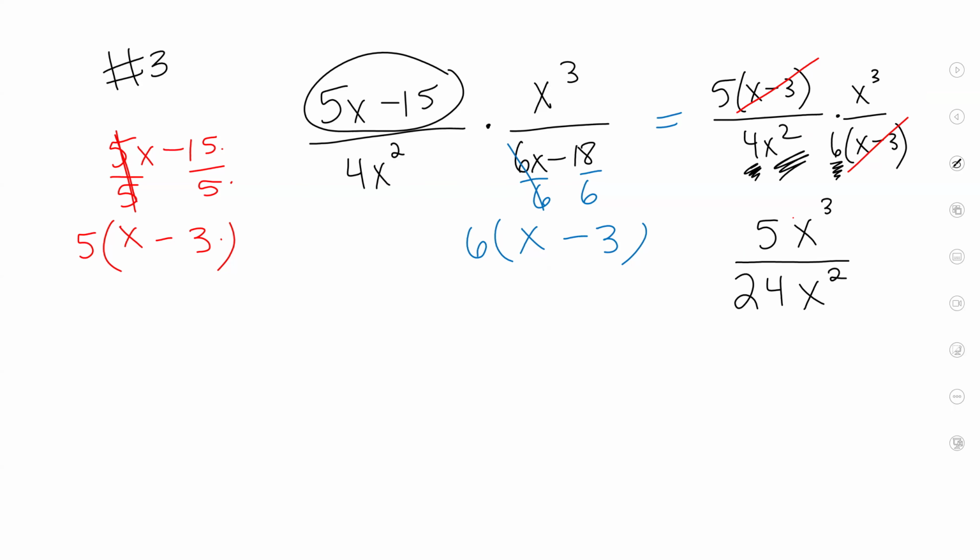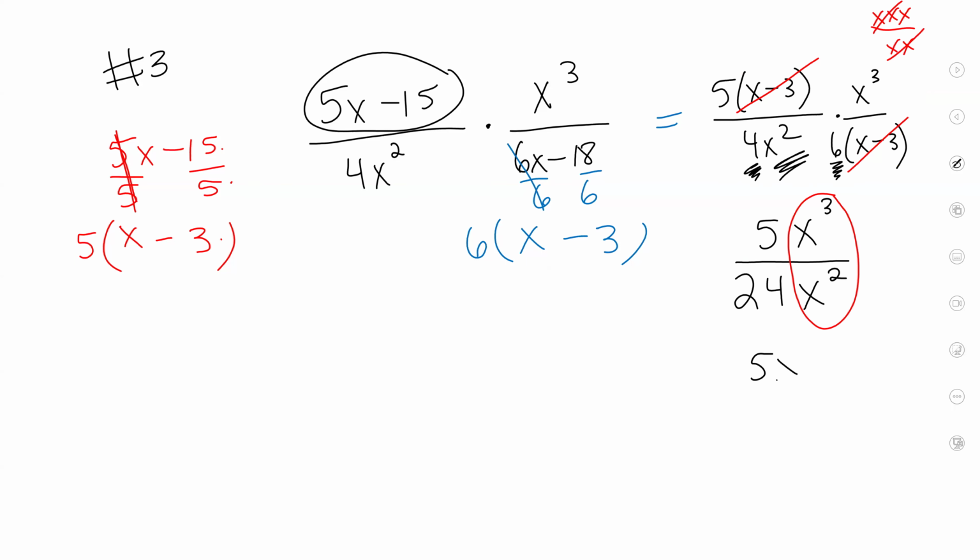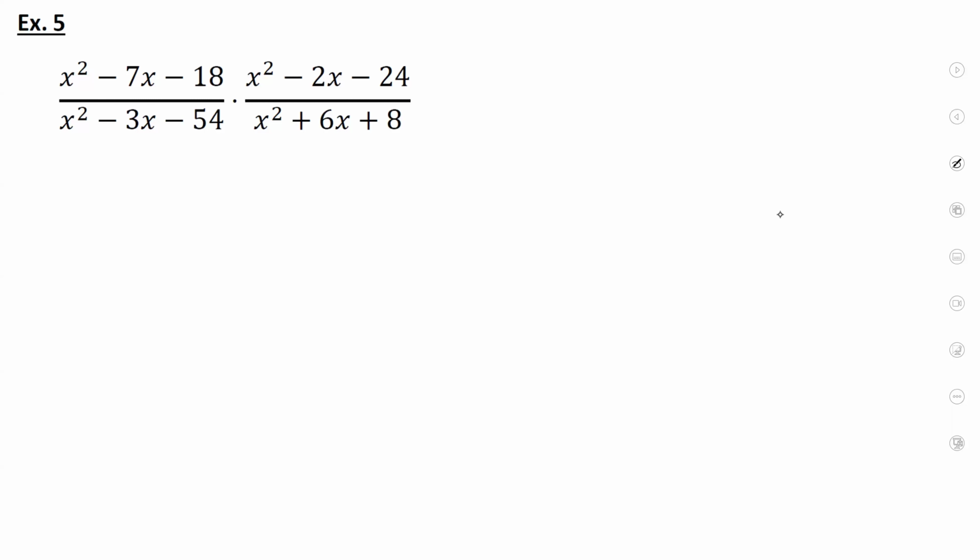So guys, let me draw you a picture. I have 3 x's on top and I have 2 on bottom. That cancels. What should be left? 5x over 24. Perfect. That's the answer. Y'all did a great job on this.